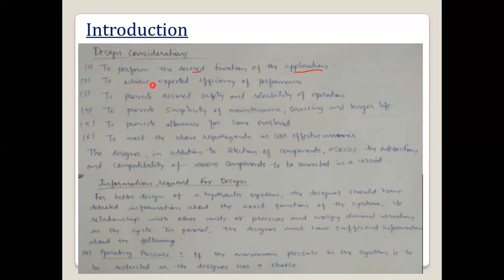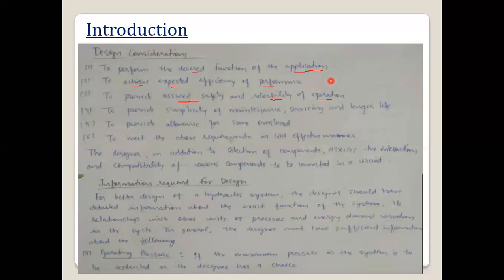Then we have to achieve the expected efficiency of the performance. Then we have to provide assured safety and reliability of the operation. The circuit should be designed so that safety and reliability are considered. The operation should be very simple, not much complex.